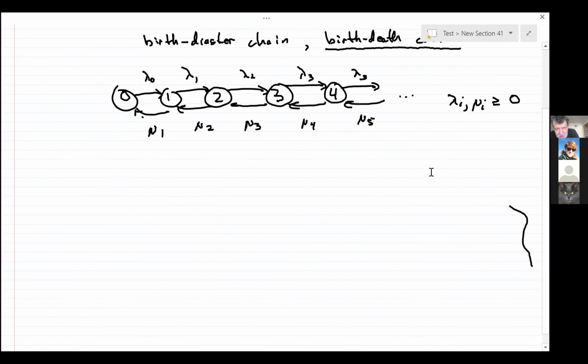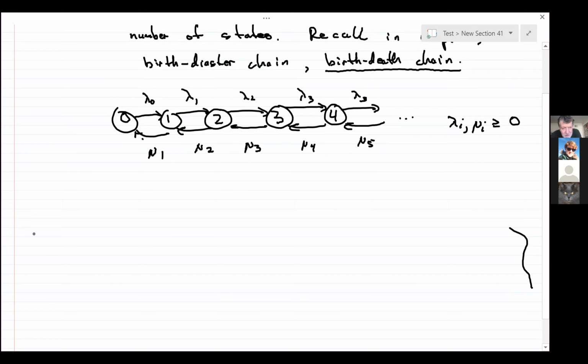So what does Q look like? Well, it's an infinite matrix to begin with. And let's go with what we know. The rate of going from 0 to 1 is lambda 0, so that would be here. But in an instant of time, you can't go to 2.